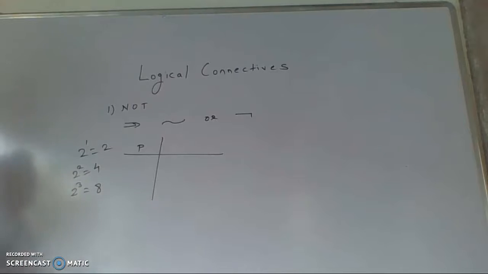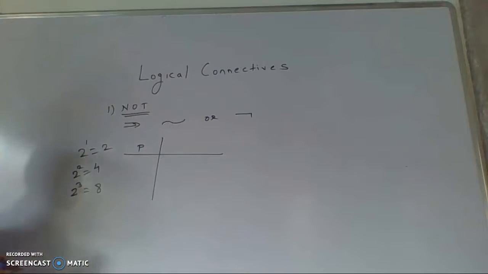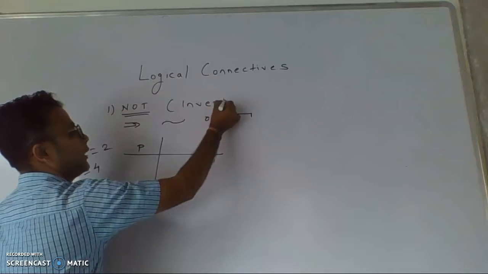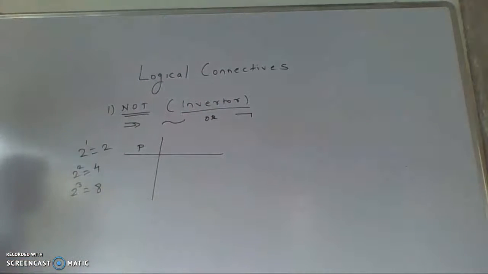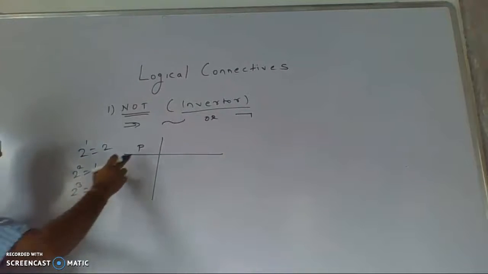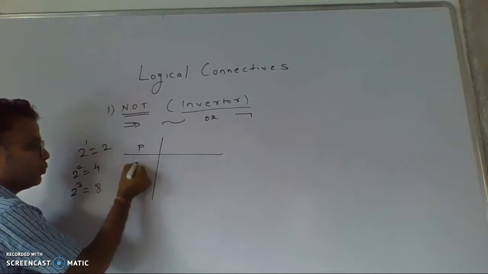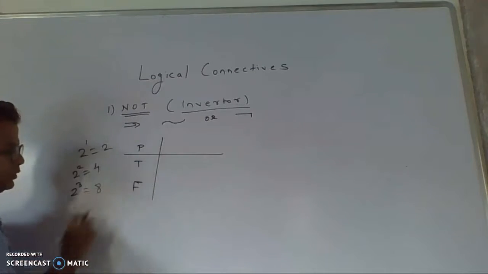Here NOT is a unary connective. It means it can connect only a single operand, or single statement. It is also called an inverter. It acts as an inverter; it just inverts the input. So the statement is P, and the two possible values of P are either true or false.